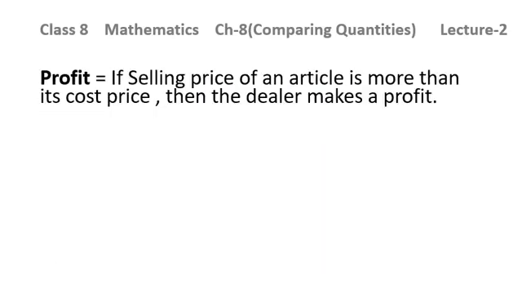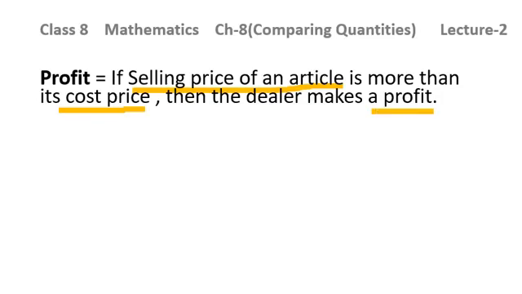Another term which is of our main concern is profit. What do you mean by profit? If the selling price of an article is more than its cost price, then the dealer makes a profit.